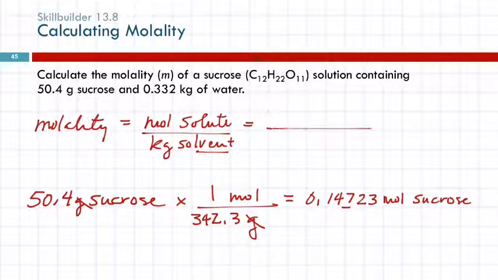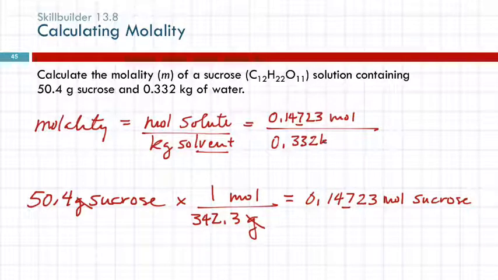So that's what I need in the numerator, 0.14723 moles. And 0.332 kilograms of water. Water's the solvent, so we don't have to do anything to that. 0.332 kilograms of the water.